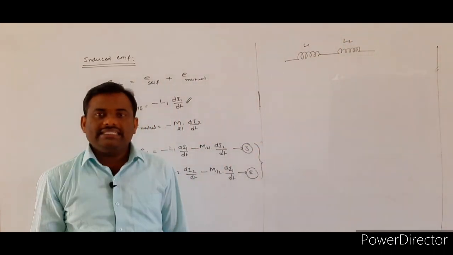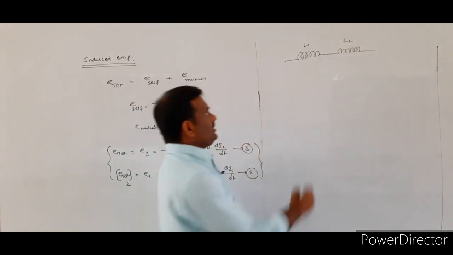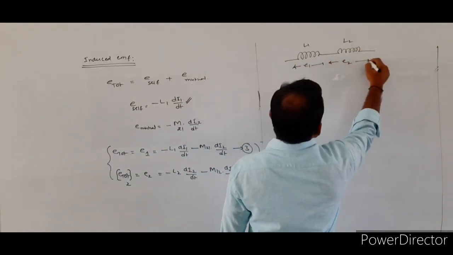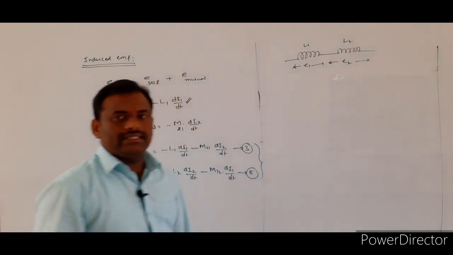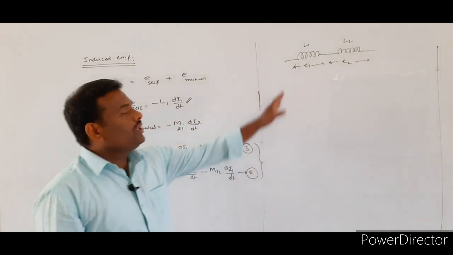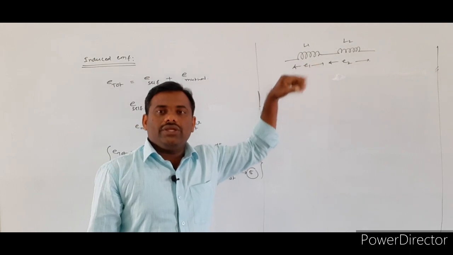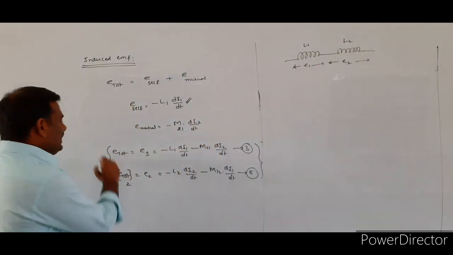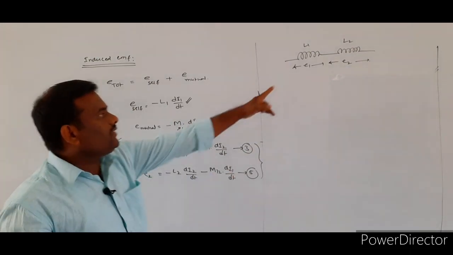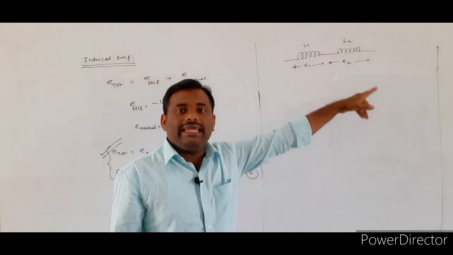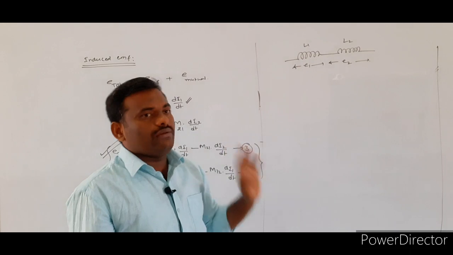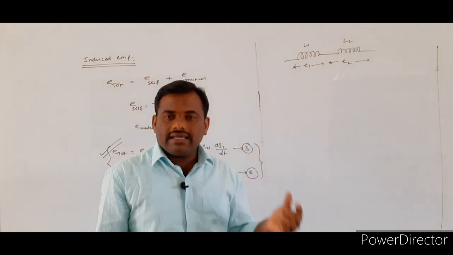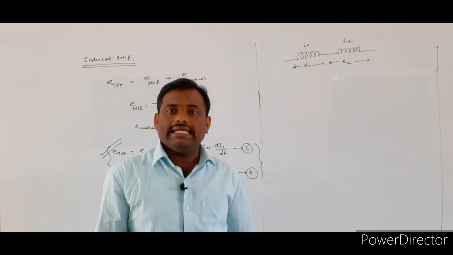Across the first coil, E1 indicates the total EMF that was induced, which is the E1 value we calculated here. And E2 indicates the induced EMF that exists across the second inductor coil.